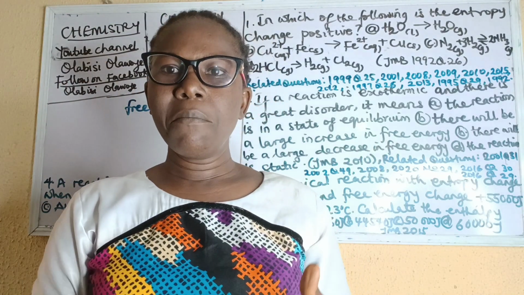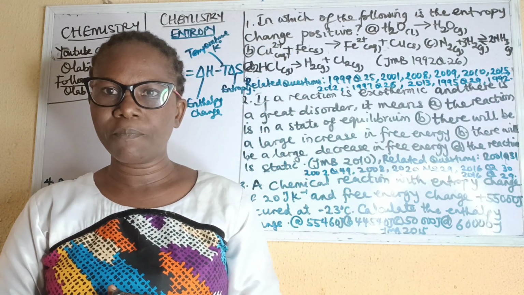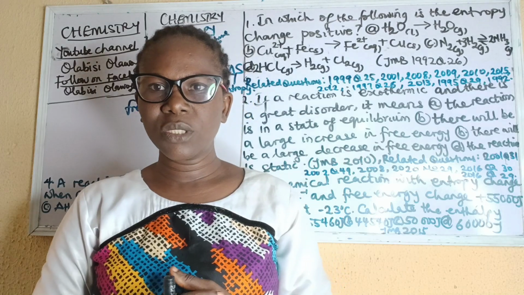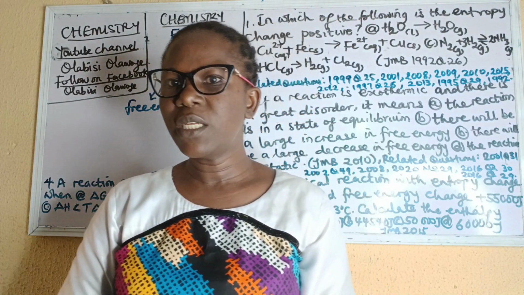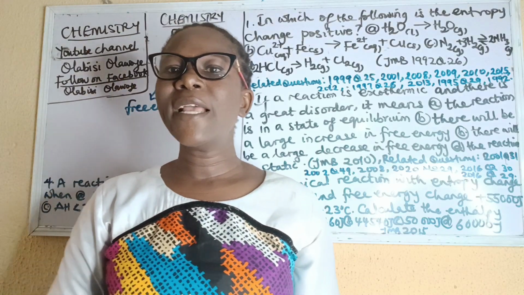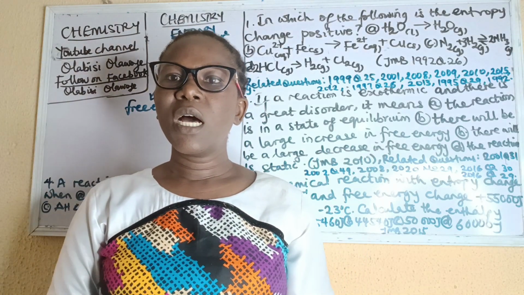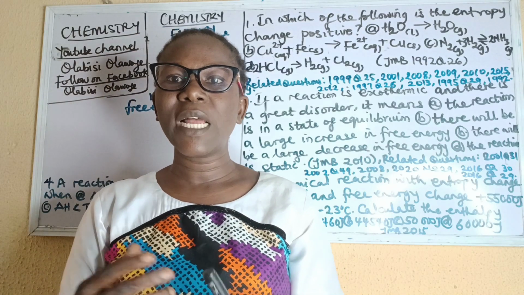Entropy is a measure of the degree of disorderliness or randomness of a system or of a reaction. The entropy is usually higher in the gaseous state. When a reaction is in the gaseous state or is changing from liquid to gas, the entropy, or degree of disorderliness, increases because the particles in gases are in constant motion.